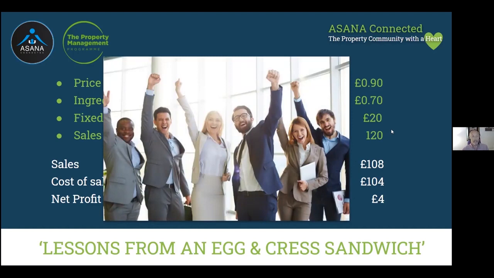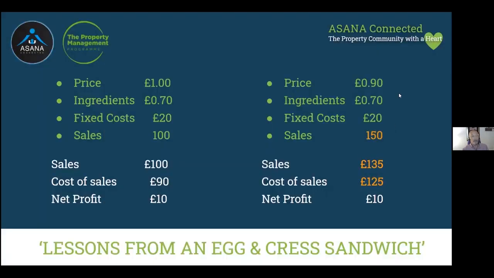In actual fact, you'd have to go a little bit further than that, not quite as far as Toby, but up to 150 sandwiches simply to recover your net profit position. So your attempt to try and sell product at a lower price tends to backfire. In this case, it's backfired to the tune of having to make 50% more sandwiches.